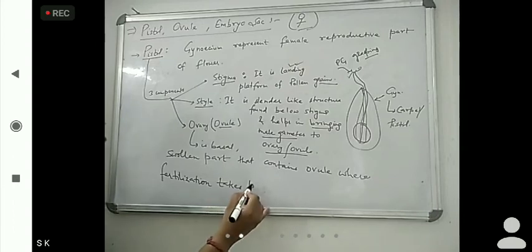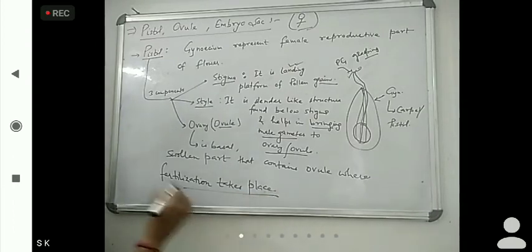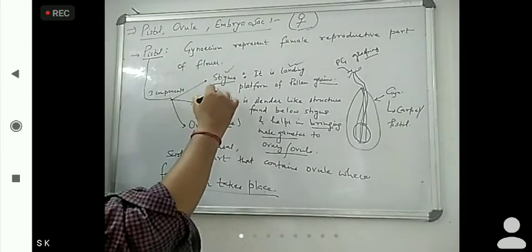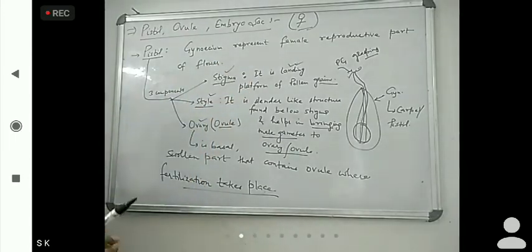So these three components of the pistil, stigma, style, and ovary, we discussed.